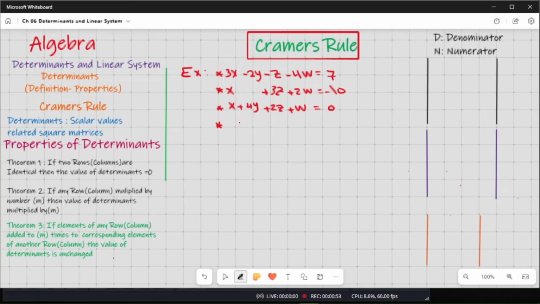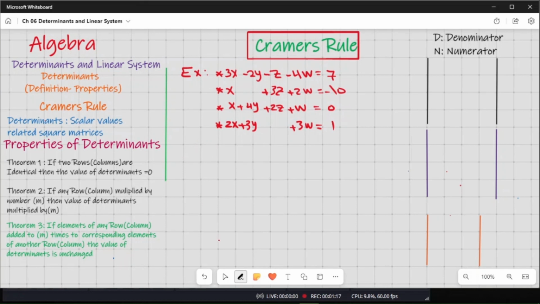Here 2x plus 3y plus 3w equal to 1. Okay, so here we have a linear system of order 4.